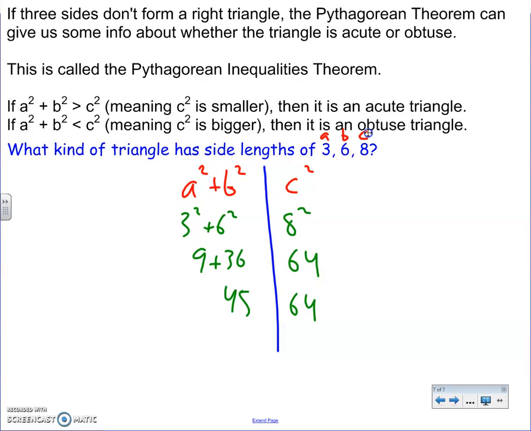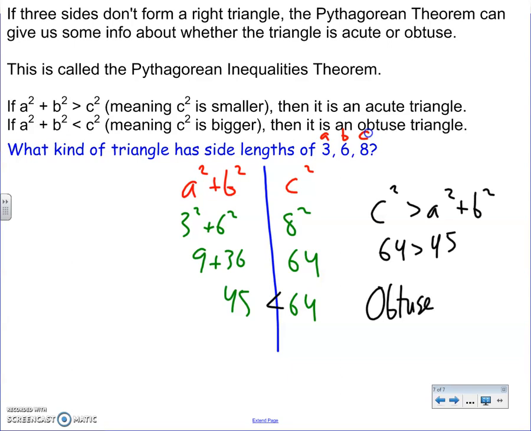Well, obviously 45 is less than 64. Now look at C. C squared is bigger than A squared plus B squared because 64 is bigger than 45. If C squared is bigger, this is an obtuse triangle. And you will see that on Get More Math.